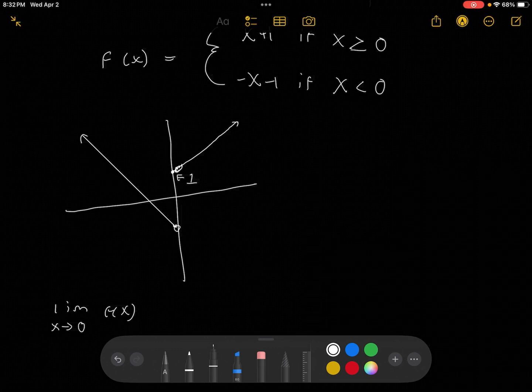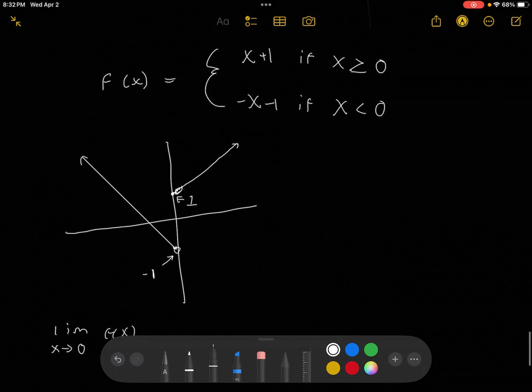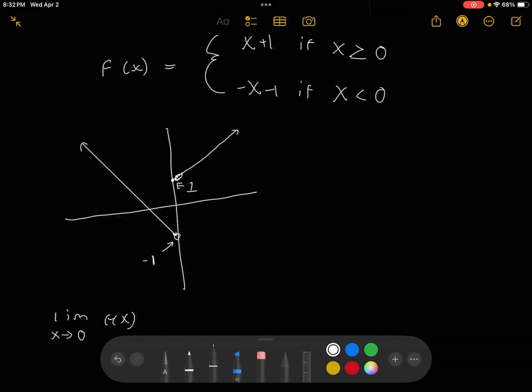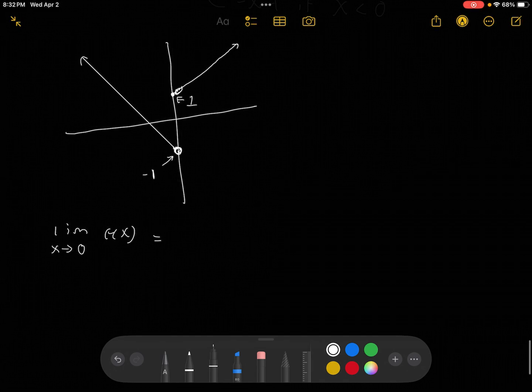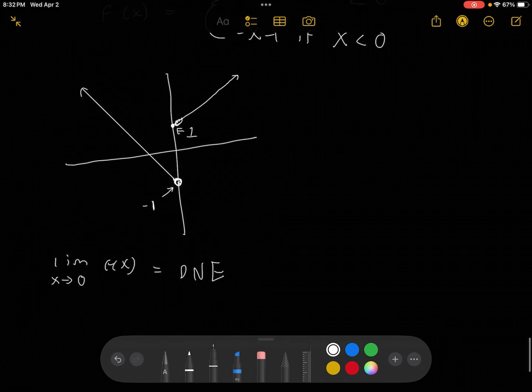But as x gets close to 0 but stays smaller than 0, the value that the function is approaching is negative 1. So it seems that the function is approaching negative 1 and 1 at the same time. We can't represent that as a single number. So we say that this limit does not exist.